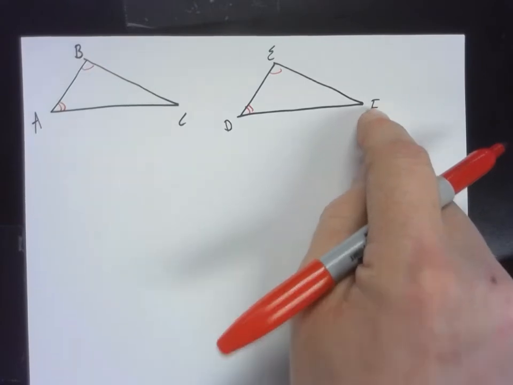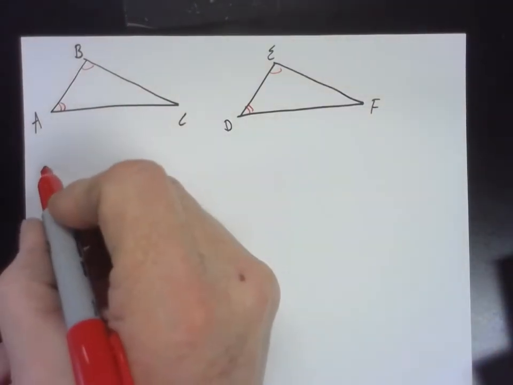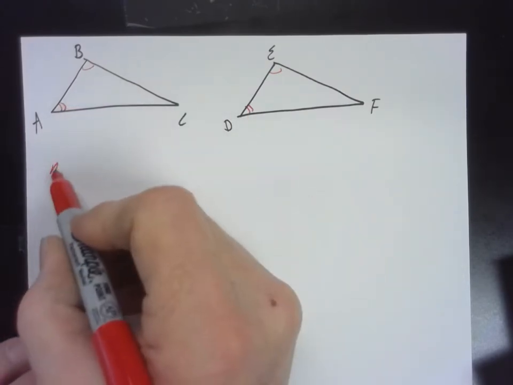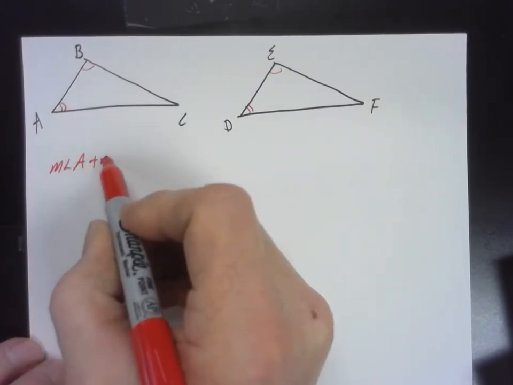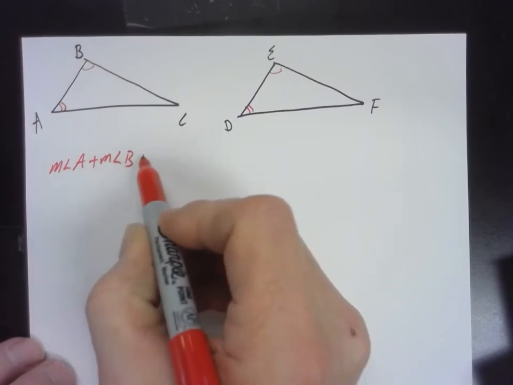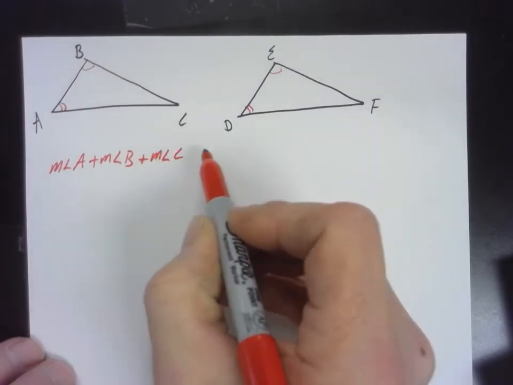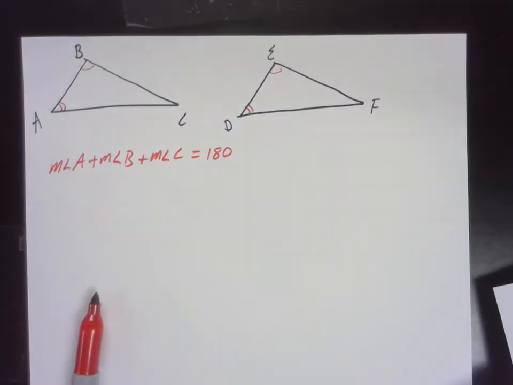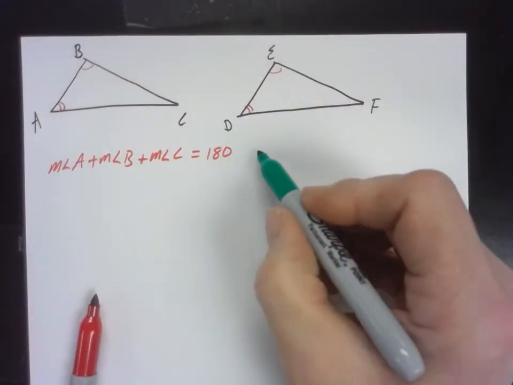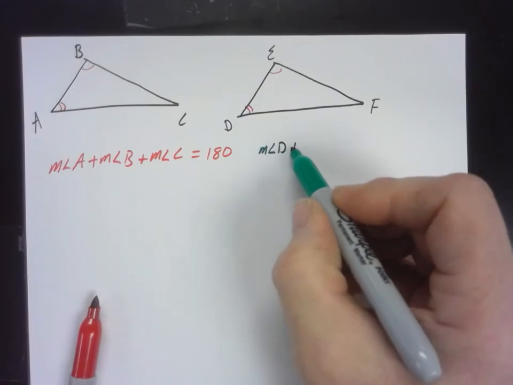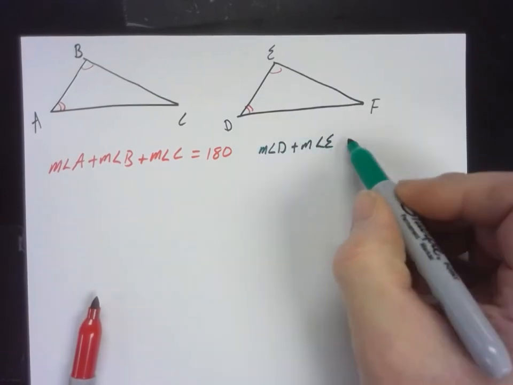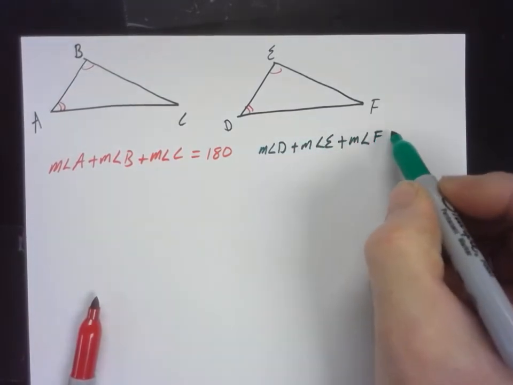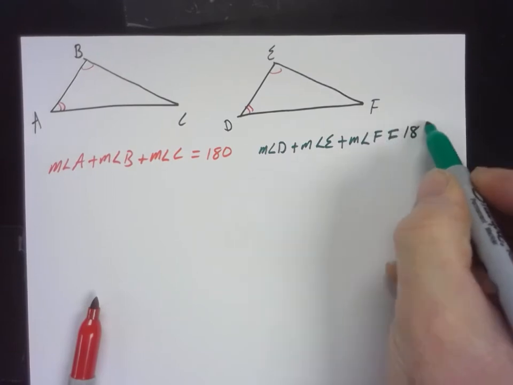Triangle sum theorem, okay. So the triangle sum theorem says the measure of angle A plus the measure of angle B plus the measure of angle C is equal to 180. And in the other triangle, the measure of angle D plus the measure of angle E plus the measure of angle F equals 180.